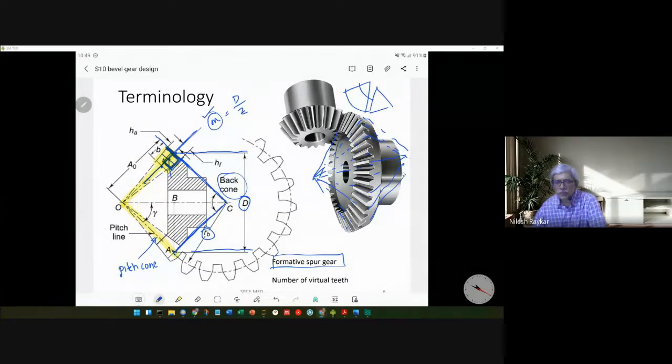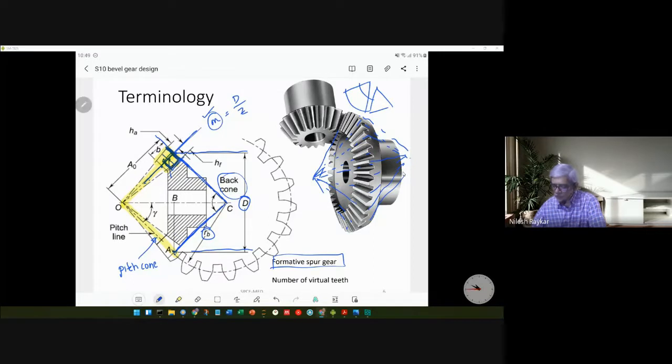I'll repeat once more that in bevel gears, the dimensions, that is the pitch circle diameter and module, keep on changing depending on the location. So they are specified at one location, that is the large end. And the second thing to be noted is that when we are doing the design calculations later on, we'll be converting the bevel gear into its equivalent formative gear.